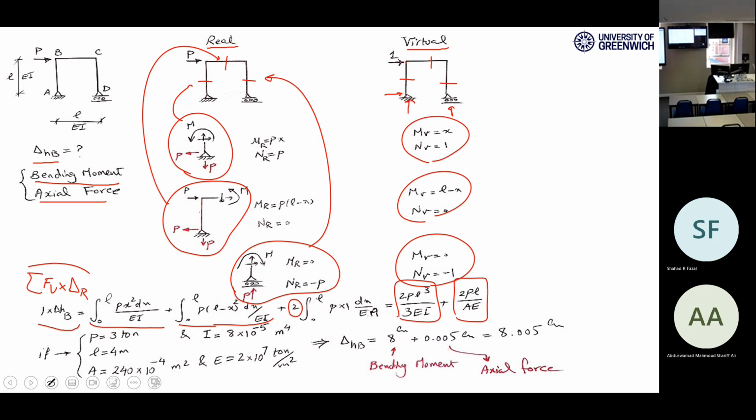From engineering point of view, if you say, okay, the deflection of this floor is 8 centimeters, and somebody else says, no, the deflection of this floor is 8.005 centimeters, which one makes better sense from engineering point of view? It's really 8 centimeters. It doesn't make sense to say 8.005 centimeters. What does it mean, that 0.005? It's nothing.